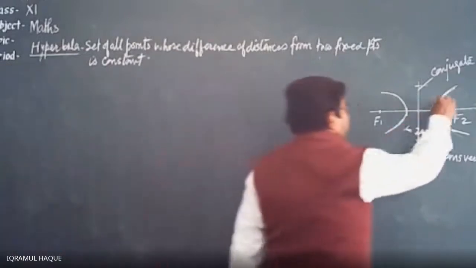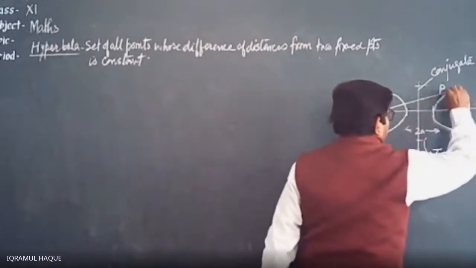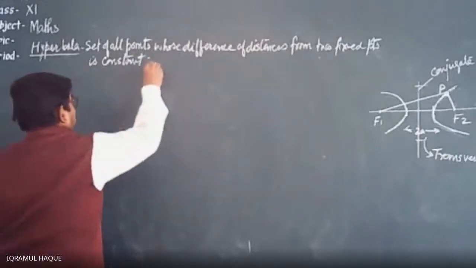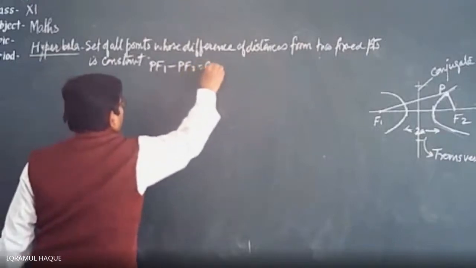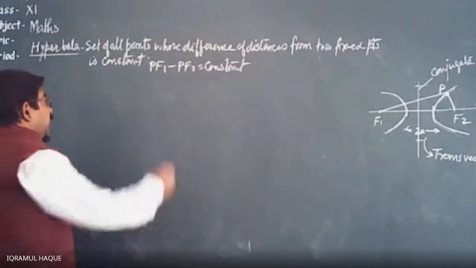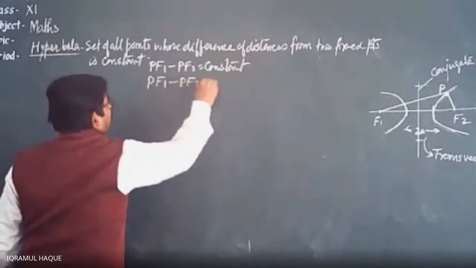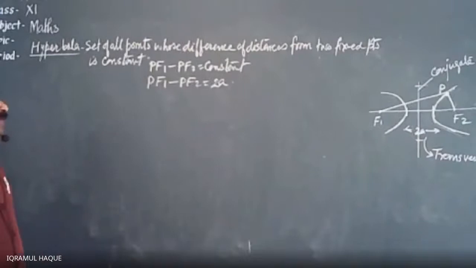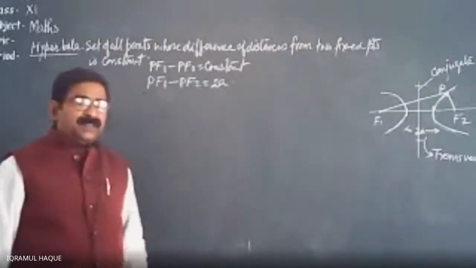Let we have a point P here on this curve. So we have PF1 and PF2 distances. So according to the figure, PF1 minus PF2 is equal to constant, and this is equal to 2a, equal to the transverse axis. This is constant. Other things are same as ellipse.